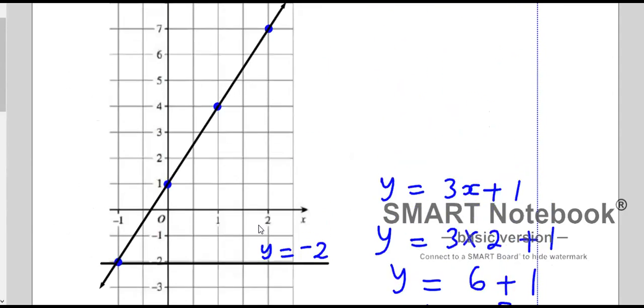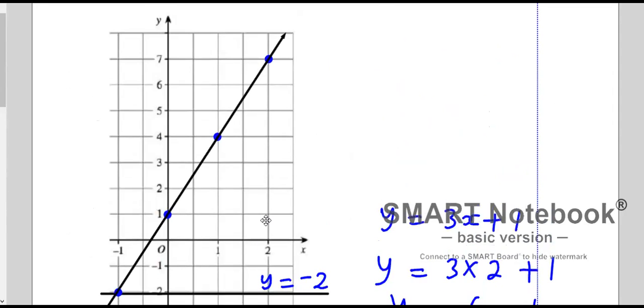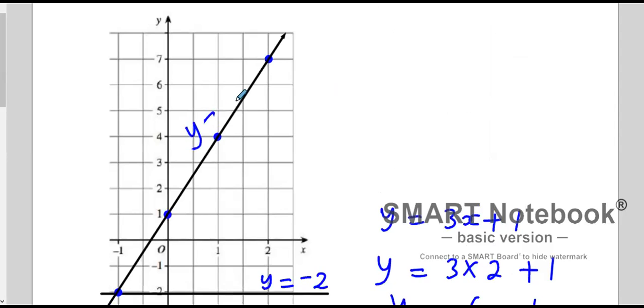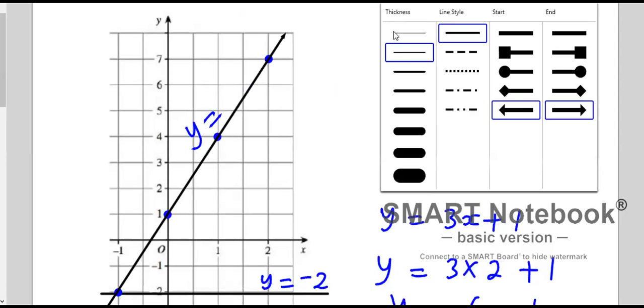So here you label that this line you see is what we call the graph of y equals 3x. Just hold on. Okay, so good.